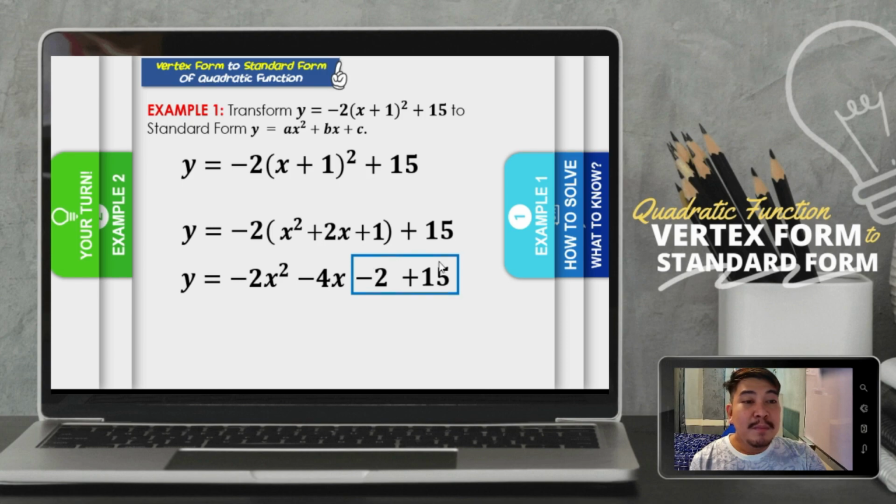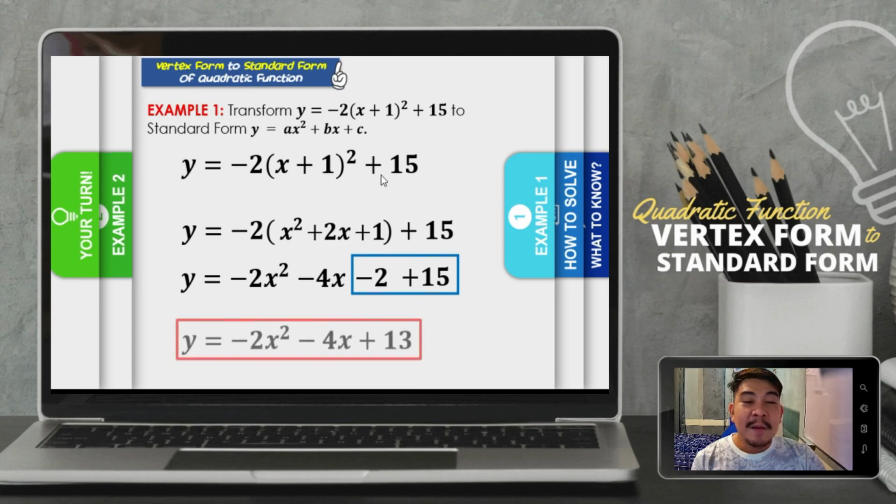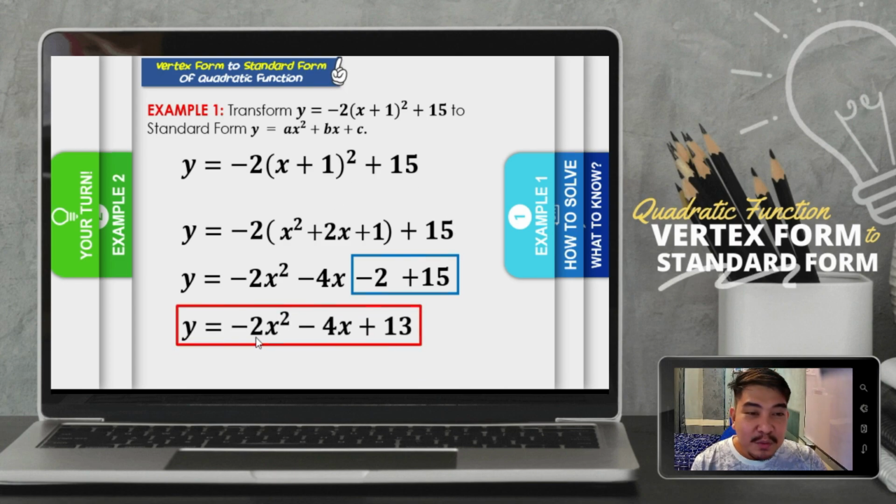Next, we need to simplify or combine similar terms. Negative 2 plus 15 will give us positive 13. So therefore, the standard form of y is equal to negative 2 times the square of the binomial x plus 1 plus 15 is y is equal to negative 2x squared minus 4x plus 13.